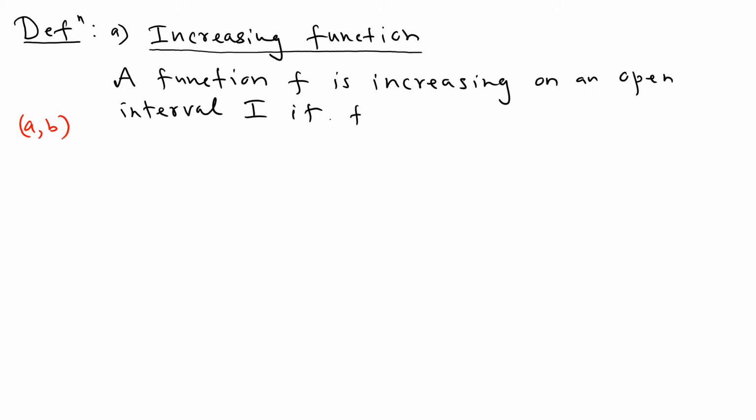for any x1, x2 in the interval I. So what it means is you pick two elements from the interval I such that x1 is smaller than x2.